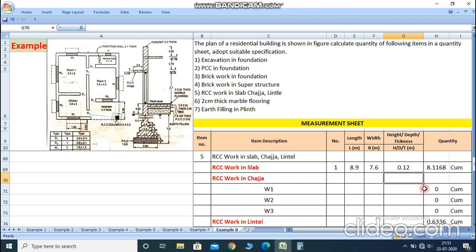Then RCC work in chhaja. Here three types of windows are provided, W1, W2 and W3. The dotted line shows the chhaja part.